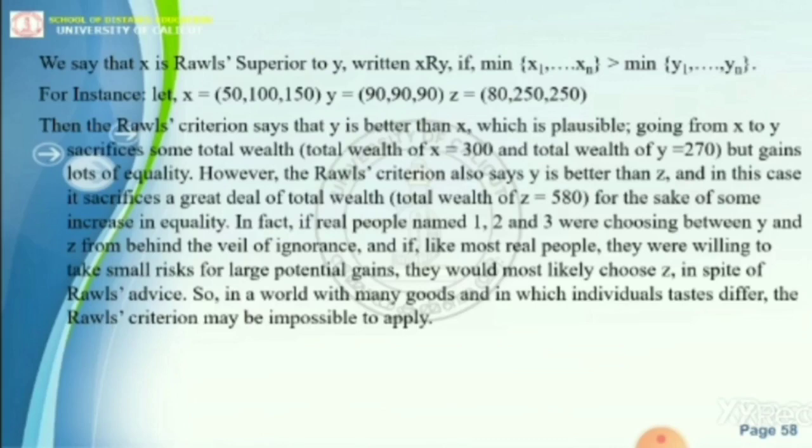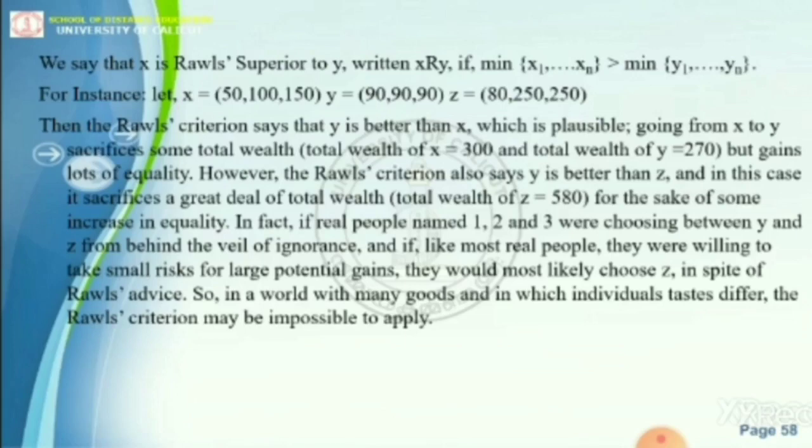Going from x to y sacrifices some total wealth, that is, total wealth of x equal to 300 and total wealth of y equal to 270, but gains lots of equality. However, the Rawls criterion also says y is better than z, and in this case it sacrifices a great deal of total wealth, that is total wealth of z is equal to 580, for the sake of some increase in equality.